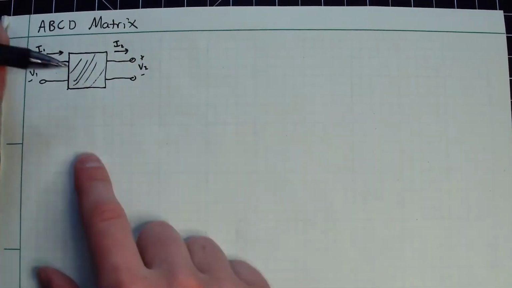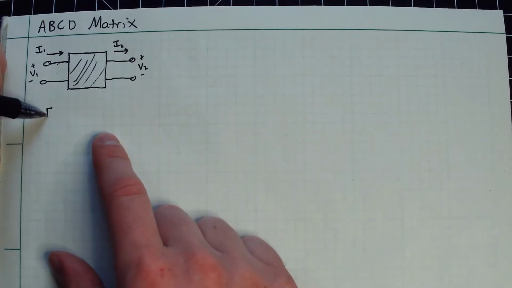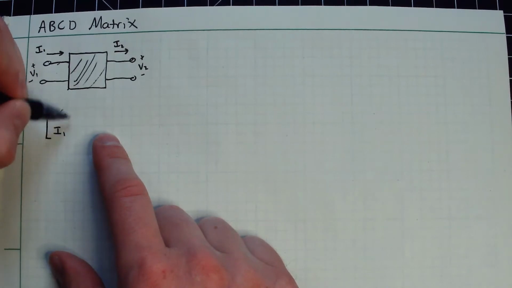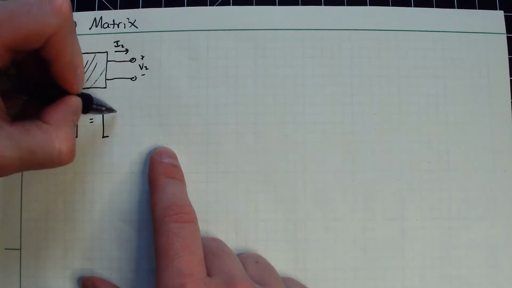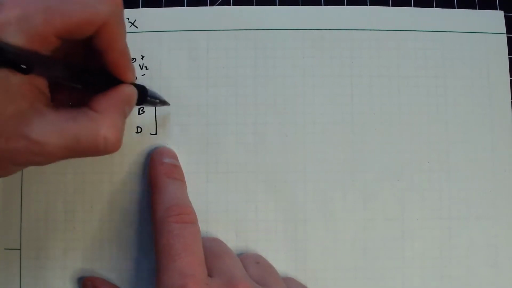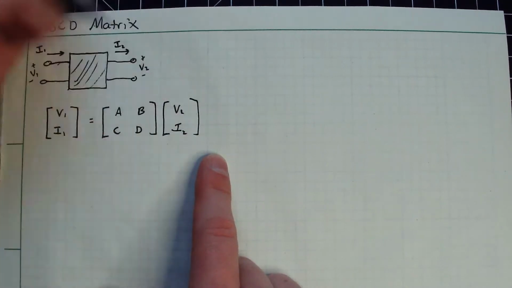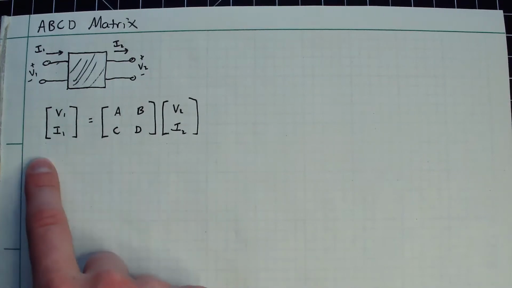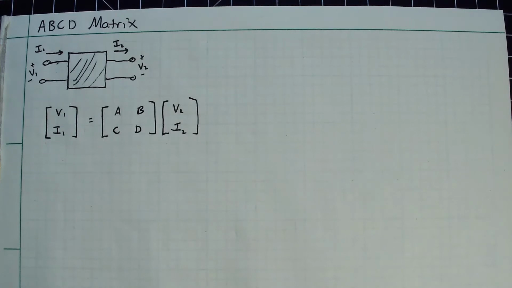So what I'm going to do is simply define a relationship between the input and output as follows, like this. So V1, I1 is going to be a vector here. That is going to equal, I'm going to write A, B, C, D. And then I'm going to write V2, I2 over here. So you see this matrix here simply captures the connection between the input and the output over here.